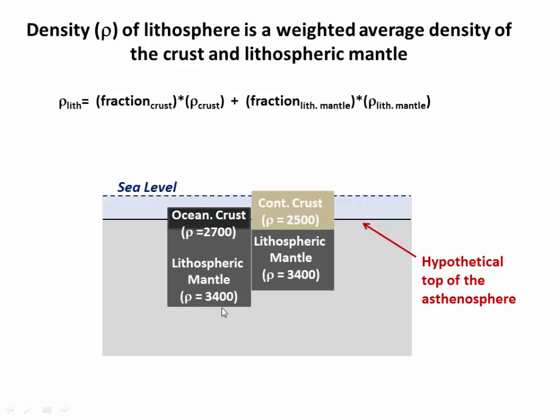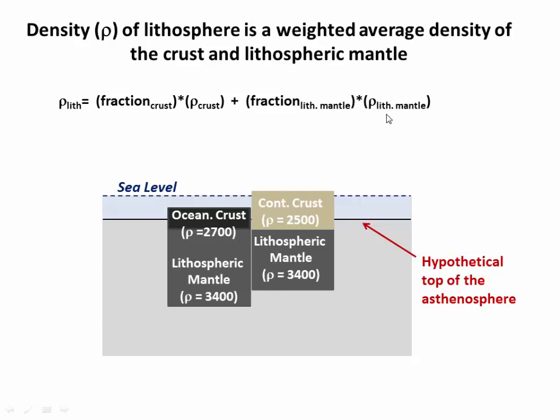So to estimate the average density of this whole lithospheric block, we would need to take a weighted average, and that's given by the density of the lithospheric block is equal to the fraction of crust times the density of the crust plus the fraction of lithospheric mantle times the density of lithospheric mantle.